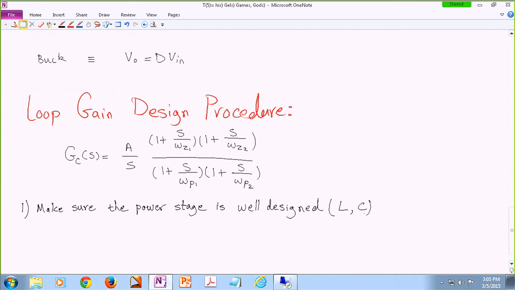The person who has designed or sized the capacitor and the inductor has done a good job, so the ripple in the output voltage is less than 1%, and we are operating under continuous conduction mode and things like that. If this happens, you are guaranteed that omega naught is at least 10 times smaller than omega s. Omega s is the switching frequency.